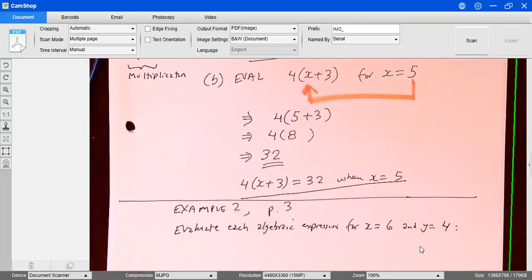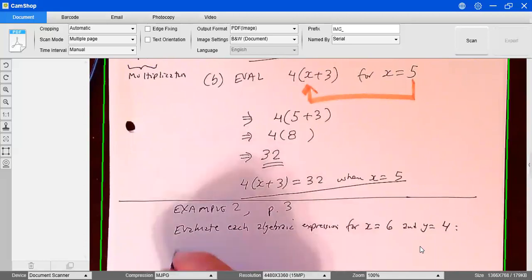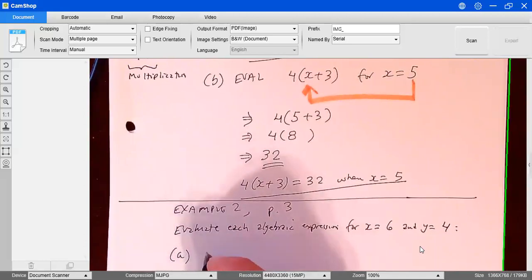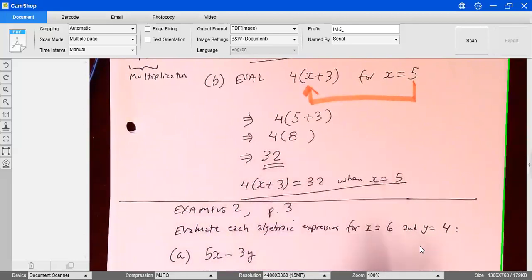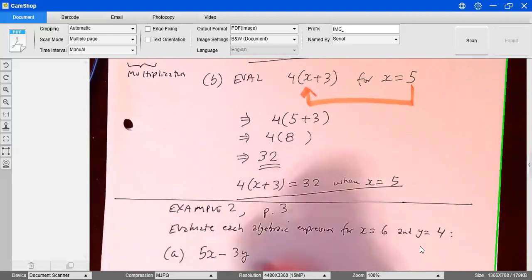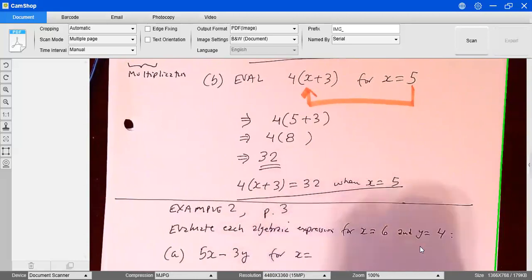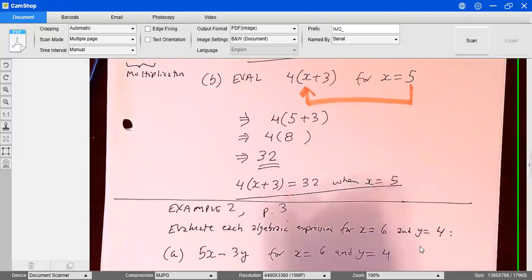So now we have two variables. So the first one is 5x minus 3y. So that's the first one. So we're going to evaluate this for x equals 6 and y equals 4.